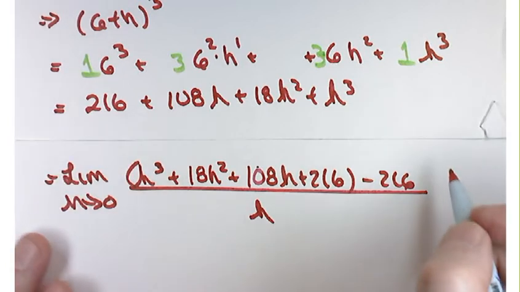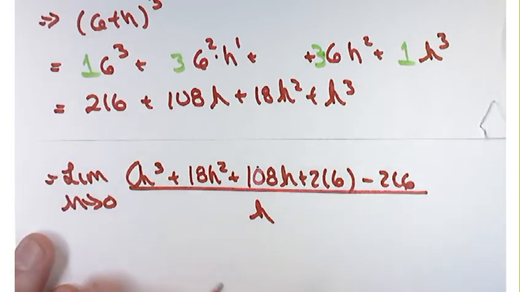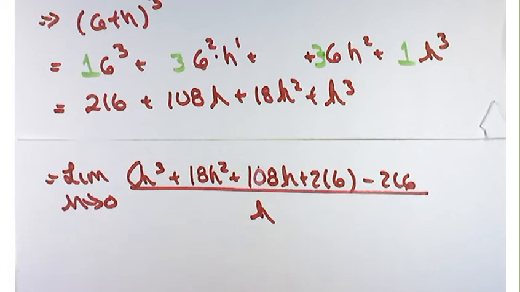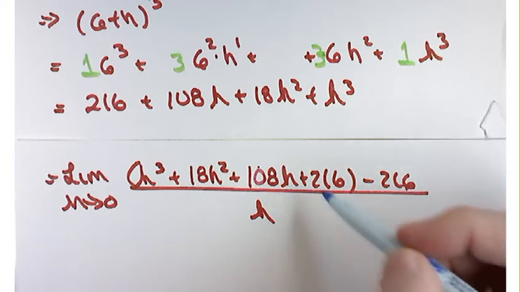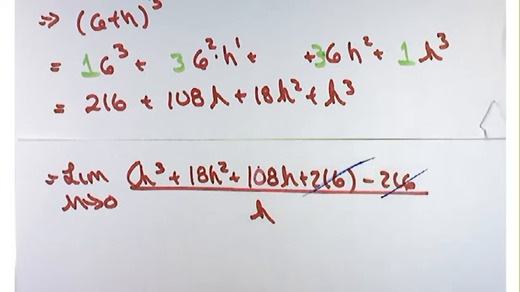Okay, so let's see here. Did that help us out any? Is there anything about this expansion, all this work we did, that helped us out? You can get rid of 216. Hasta la vista. In any case, we get rid of the 216, and that still doesn't cure our problems.